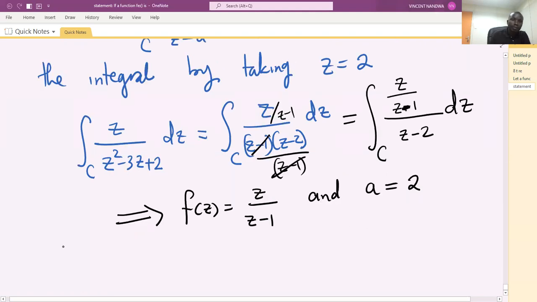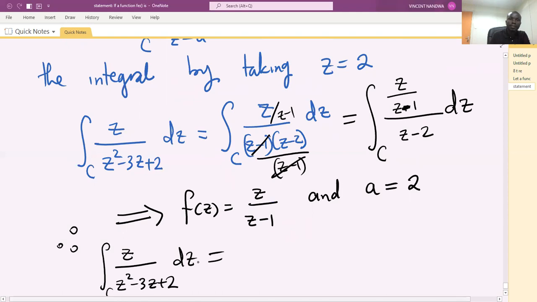Therefore, the integral of z over z squared minus 3z plus 2 dz along this C will be 2 pi i times f of a, which is f of 2.